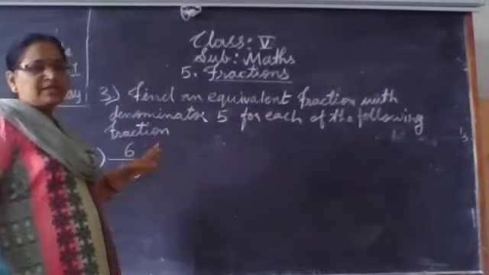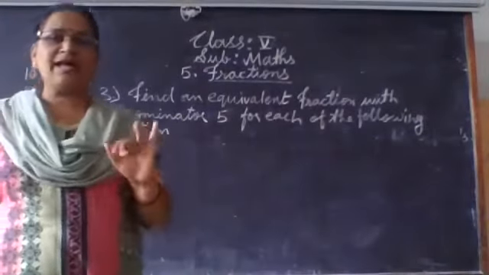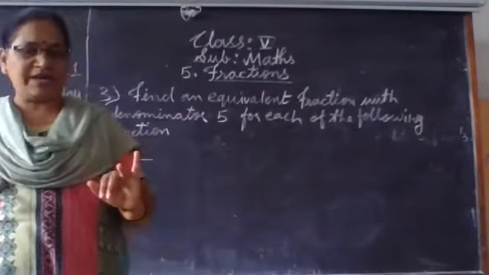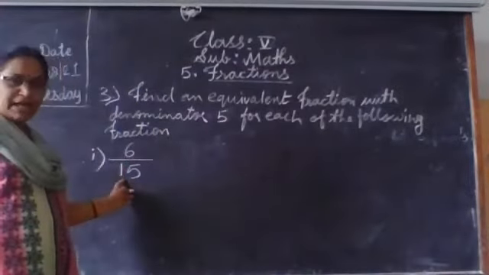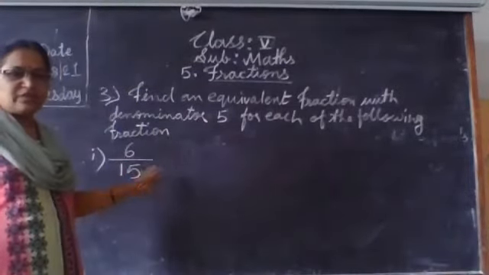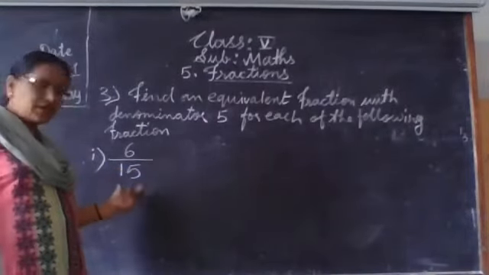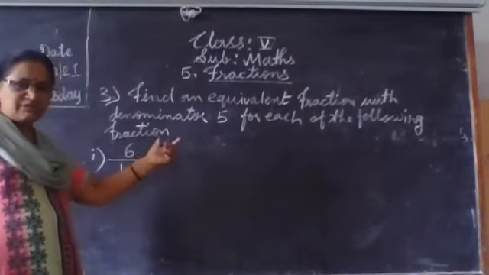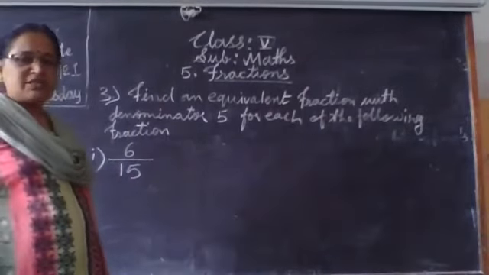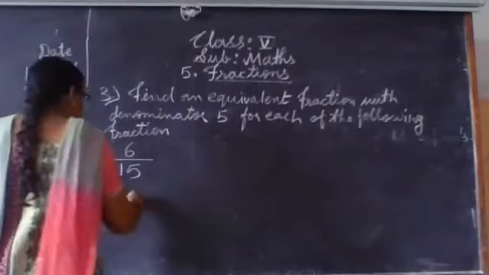That means what? See, to find the equivalent fraction, either you can multiply or divide. By multiplying 15, you can't get 5. So you have to divide it so that it becomes 5. By what number should we divide this 15 to get 5? You have to divide this 15 by 3.